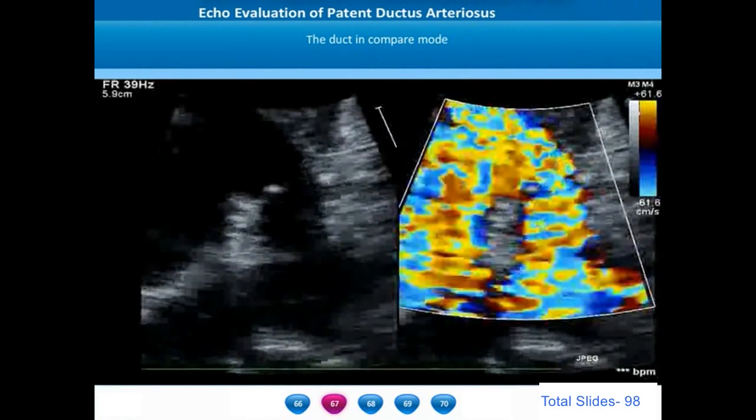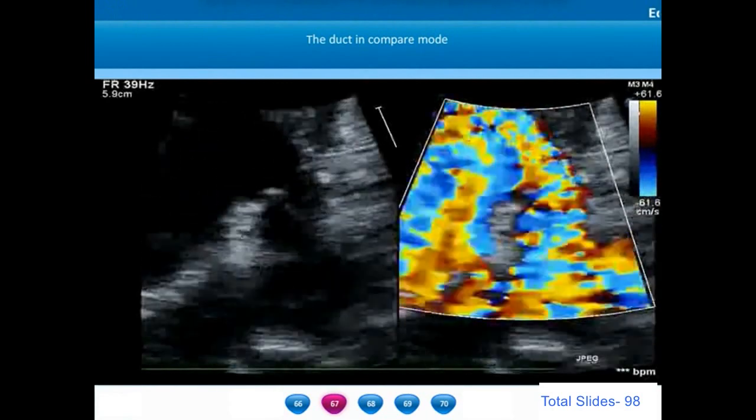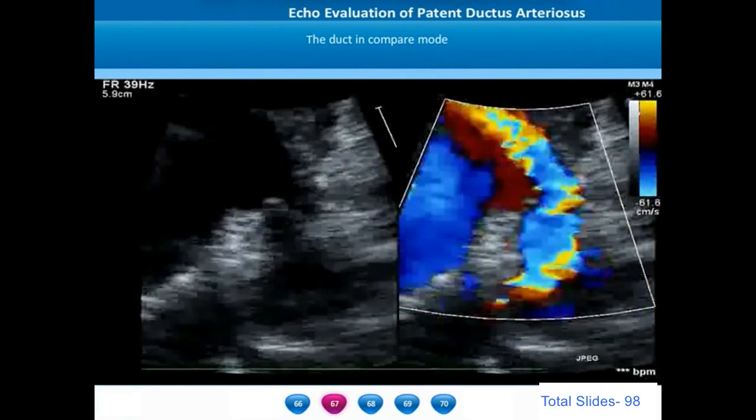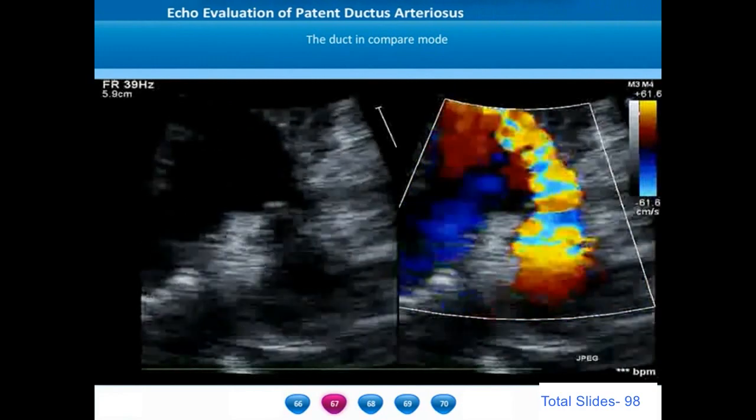An example of a tubular ductus in the color compare mode. In the conventional ductus arteriosus, which is conical with a broader aortic end and a narrower pulmonary end, if the pulmonary end is around 6 millimeters, usually the ductus is closed with an 8-6 duct occluder device.